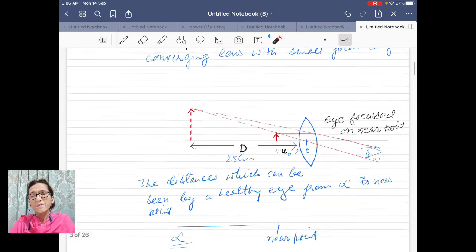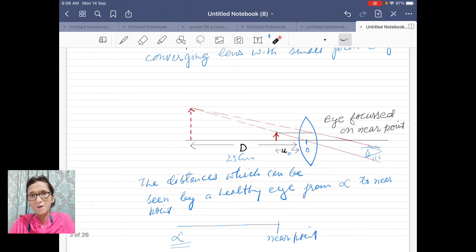For magnification with the help of a simple microscope, a magnifying glass, we put an object near the focus or within the focus on one side, and the object is viewed from the other side, keeping your eye on the other side here.